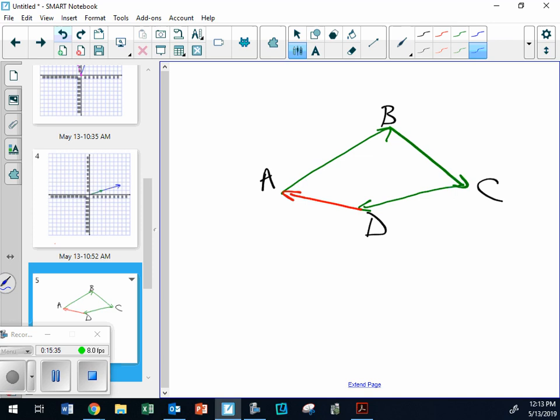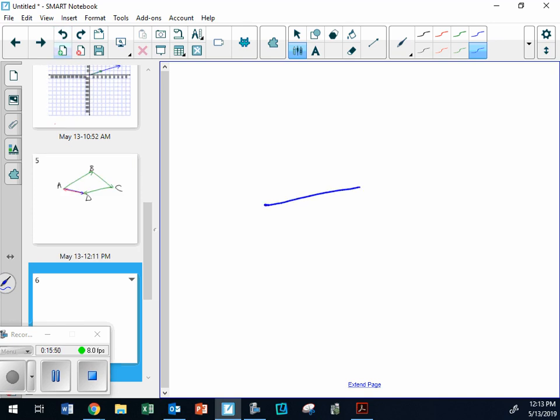So, how about this? I'll tell you the answer. The answer is this blue vector, because that's the resultant. That's what you get when you put them all tip to tail. I think you get it if I give you two of them. Do you get that those two add up to this black one? Okay.